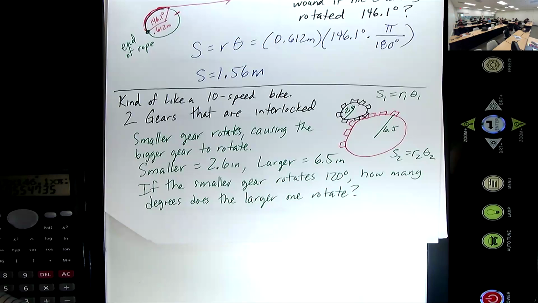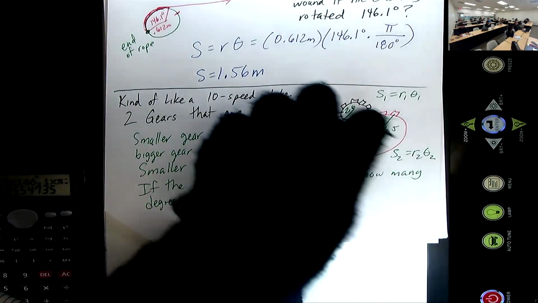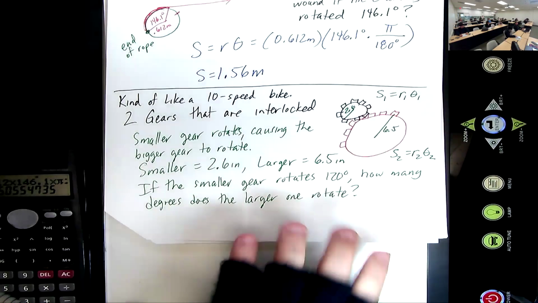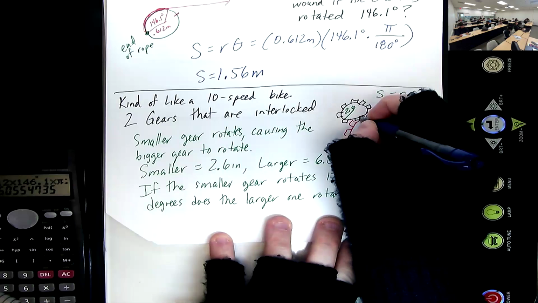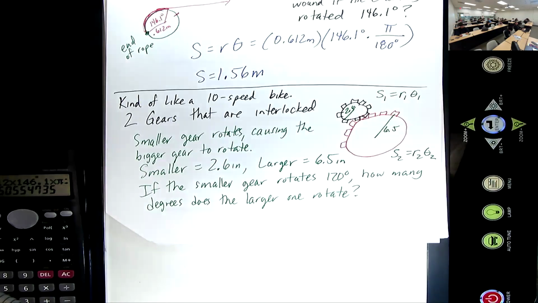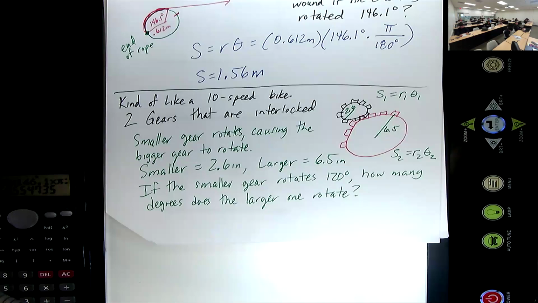Now the radius is bigger, which makes the angle a different angle. But the actual amount of arc length that's being moved is the same. If I had paint on this, as this one turned, it would put paint on the same amount of arc length as the other one, as much as it spun.